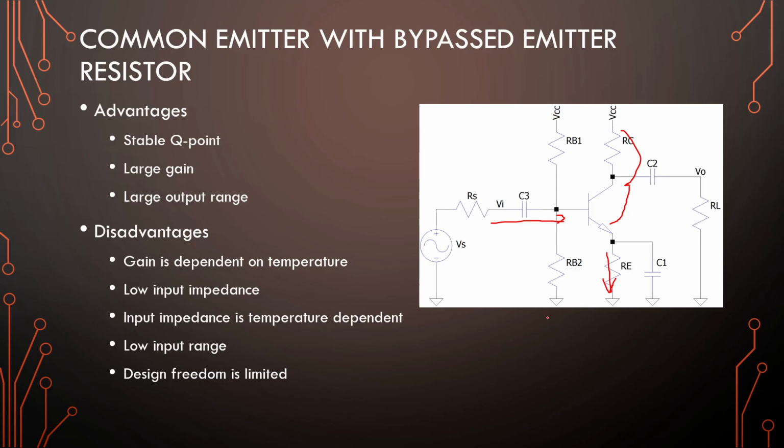You have maximum gain, can't really match input as much. You can't design for a specific gain. Oh, you can, but it's not optimal. So this is a good amplifier for high gains in the end, but it has no stabilization. The only stable part of it is the Q point.